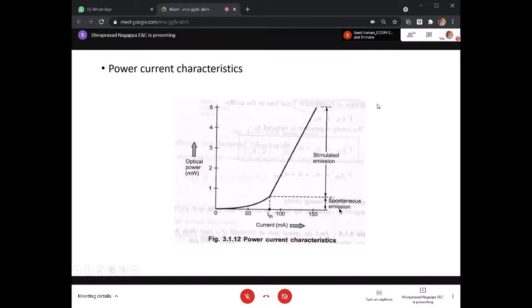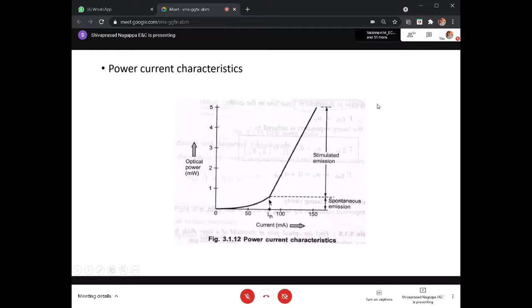It is just like your LED. Once the lasing action takes place, the output increases steeply, which we call stimulated emission. So this is your power curve. Initially, it acts as an LED.